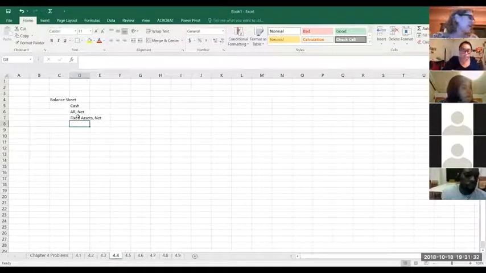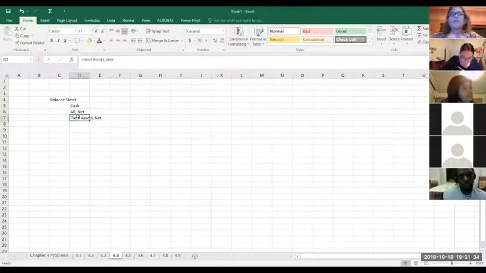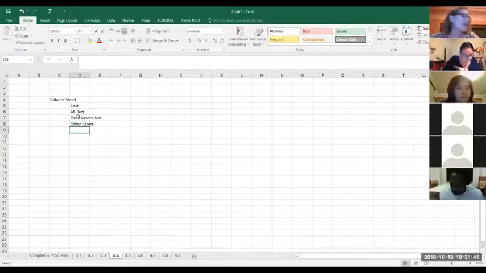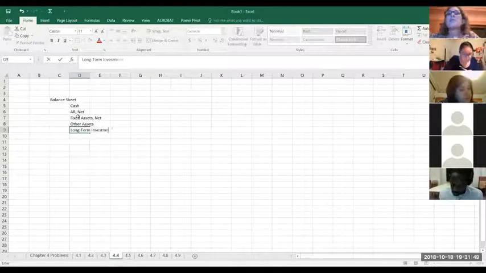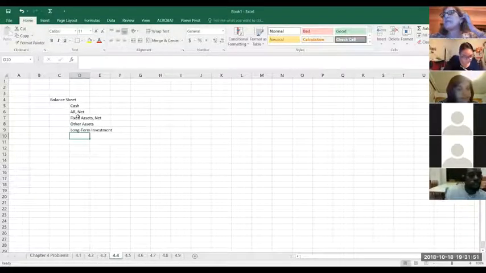Good. All right, and then the next item, other assets. And last but not least, what would we put? Long-term investments. Long term, that's right, because those could be multiple year investments that you can't get out of easily.